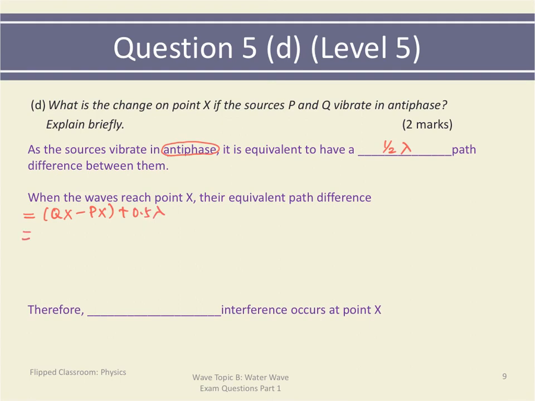So it will become 4.5 lambda minus 3 lambda plus 0.5 lambda. So it will become 2 lambda. Then the interference will change to constructive interference.